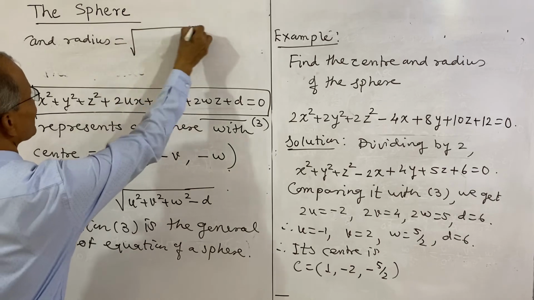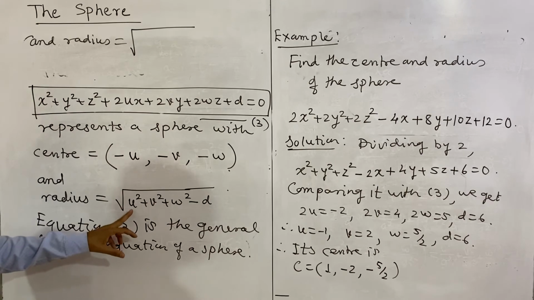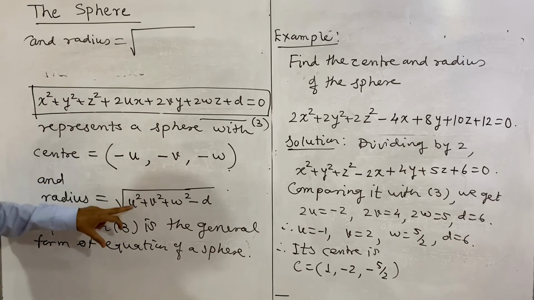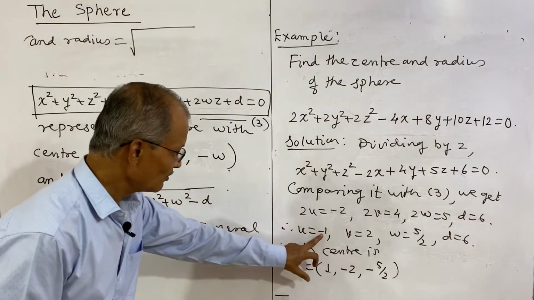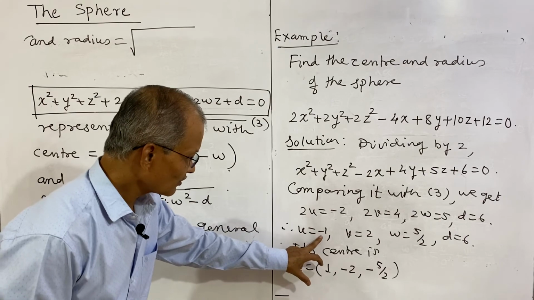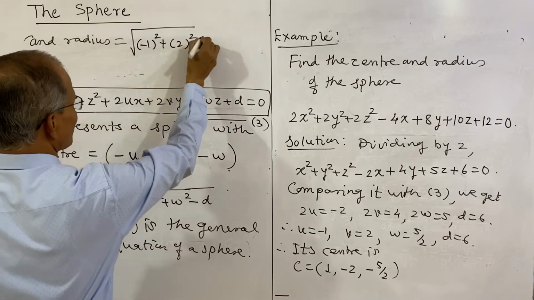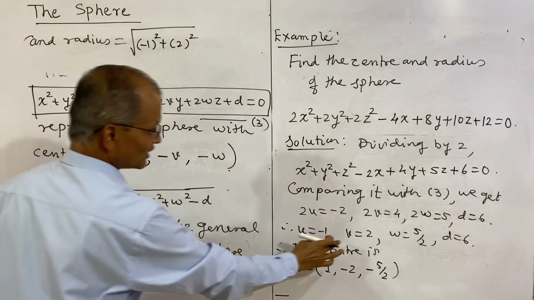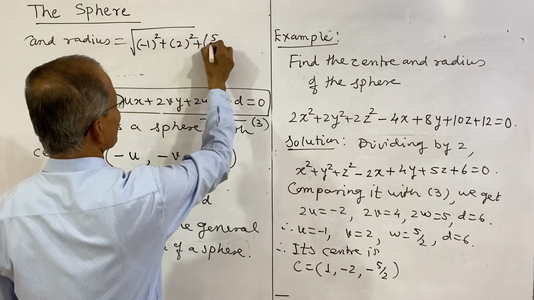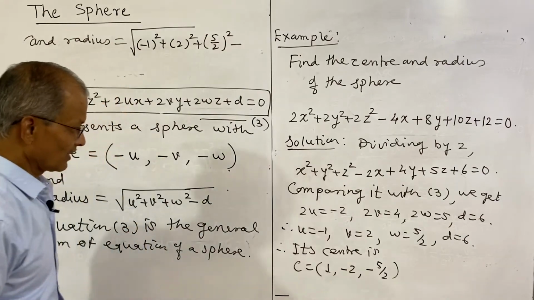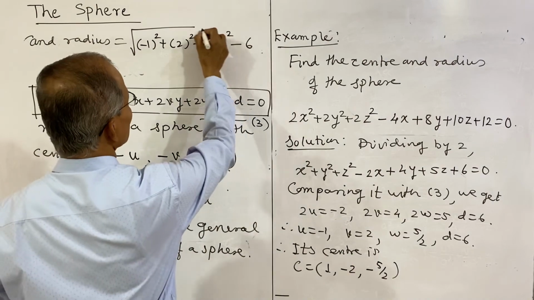obtained from this expression. After writing the center's coordinates, now we shall square it. Actually minus u square is the same as u square. So we simply square it: minus 1 square plus 2 square, that is u square plus v square plus w square, and w square is 5 by 2 square, minus d, and minus d is minus 6.